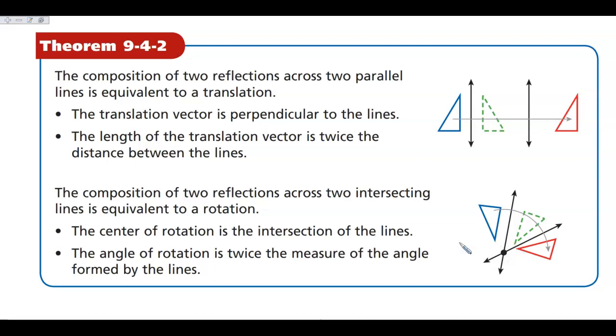The degree of the rotation is whatever this angle measure is, and it will be doubled. So if this angle here is, let's say, 50 degrees, then the rotation angle from here to here is going to be 100 degrees. It'll always be twice the measure of the angle that's formed by the lines. So those are some things that are going to be important that you keep in mind.